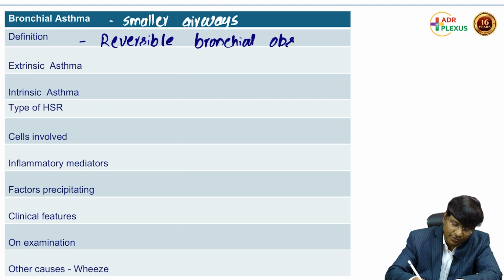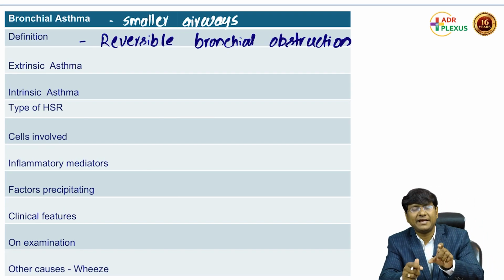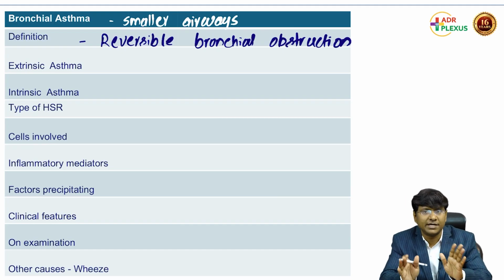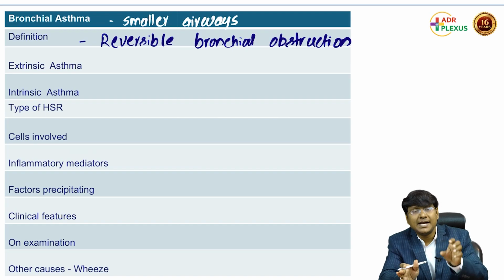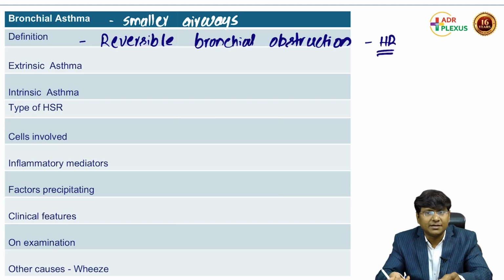This obstruction is mainly due to hyperresponsiveness of the tracheobronchial tree, due to multiple intrinsic as well as extrinsic stimuli.